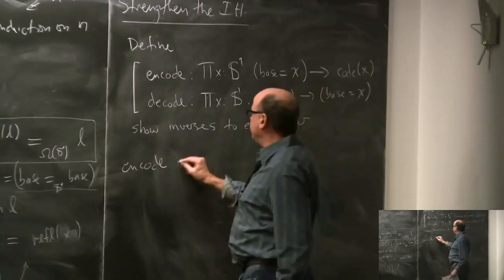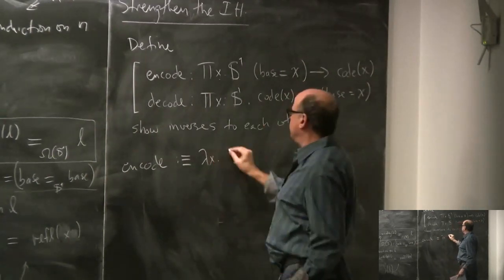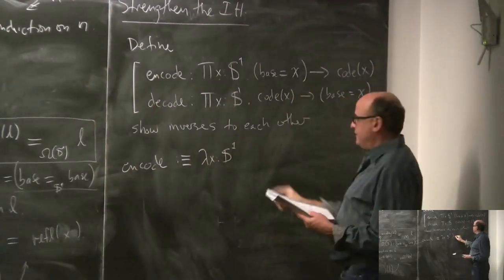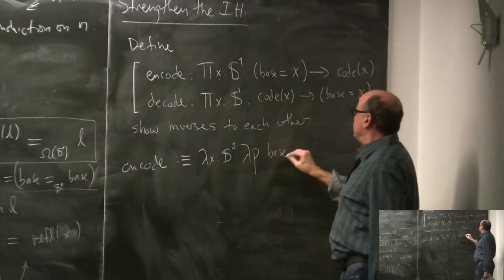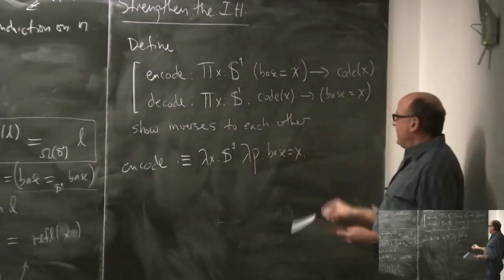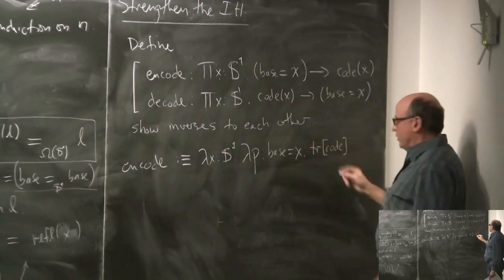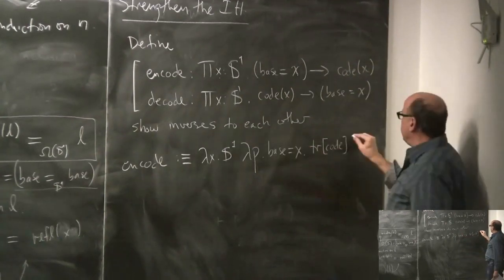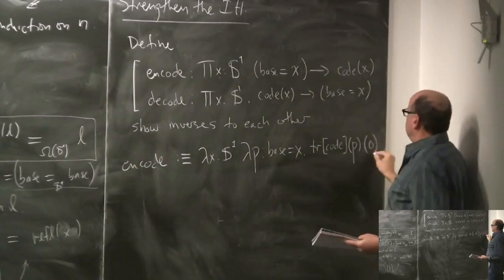Okay, so what is encode? So it's defined like this. You take lambda x, which is in S1. So I'm not going to get to go through this with you. That's a pity, but actually the main ideas are going to be there. So, and let me write it all out. This is base equals x. And what you do is you transport along the family code, which I've written here because code is p to u1. So along the cover, I transport by p and run that on 0.